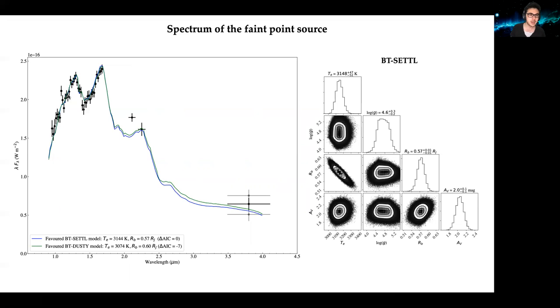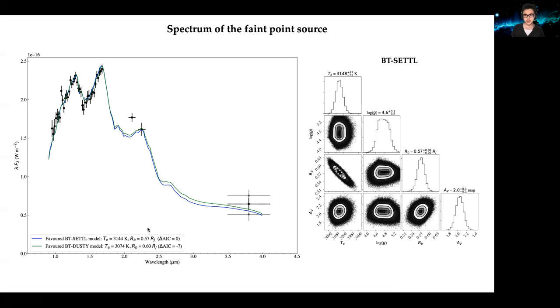We see that in either case, almost all the points are well reproduced by the model. And interestingly, we find a large effective temperature of about 3000 Kelvin for a very small photometric radius of only 0.6 Jupiter radius, which I'll get back to in a second.